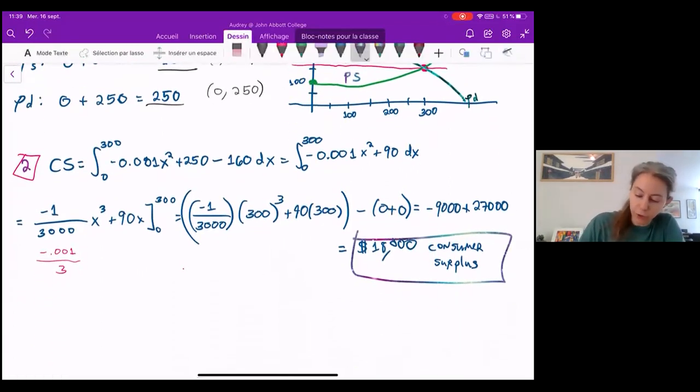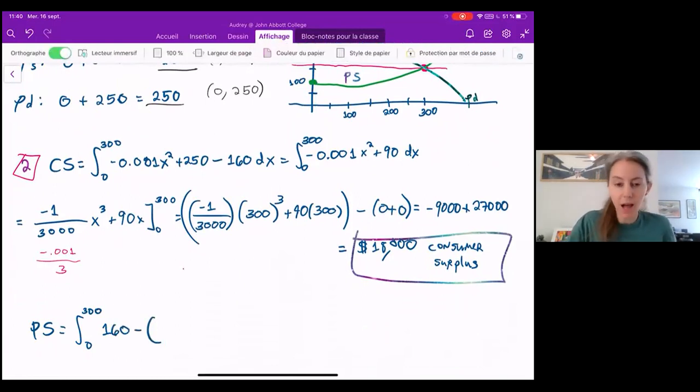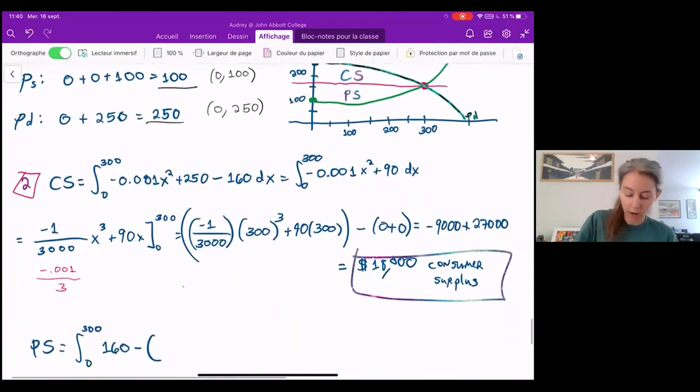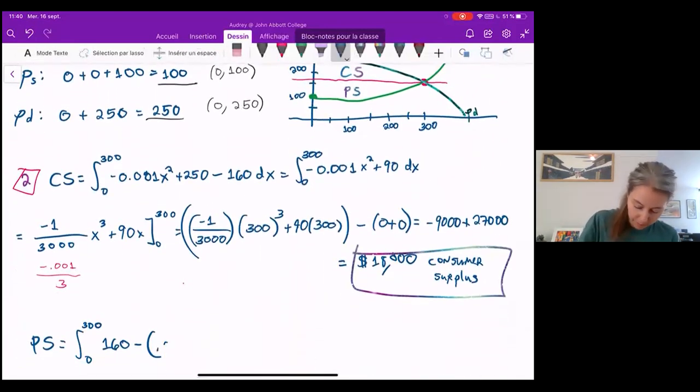Now for my producer surplus, we have the same bounds as 0 to the equilibrium units. Now though, I'm starting with my equilibrium price and I am subtracting my supply function, which was 0.0006 x squared plus 0.02x plus 100.